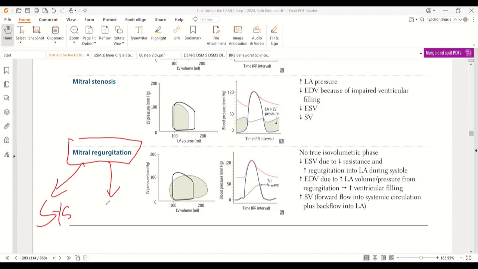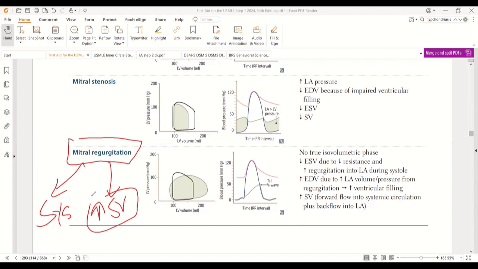Increase or decrease? Increase. Increased stroke volume. So this is a high yield principle that I learned from my USMLE journey. I feel it is worth sharing these principles with you, right? It's helpful in identification of murmurs.